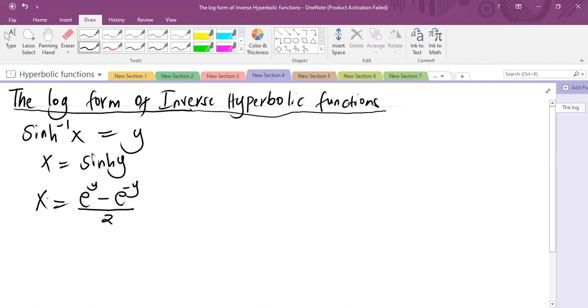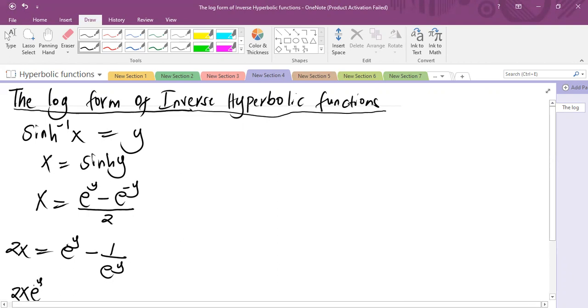If we multiply by 2 on both sides, we have 2x equals e^y minus, I can write this as 1 over e^y. Then multiply e^y throughout the equation so that we have 2x e^y equals e^(2y) minus 1.